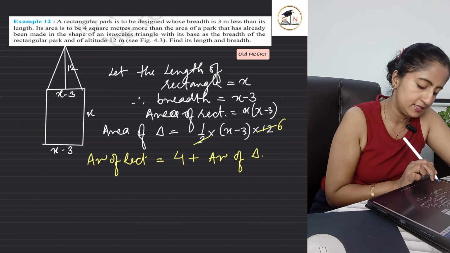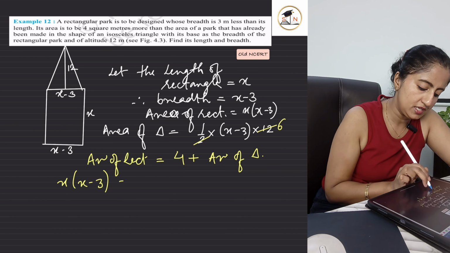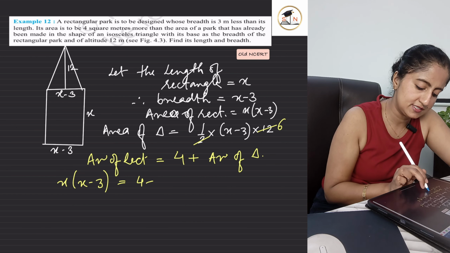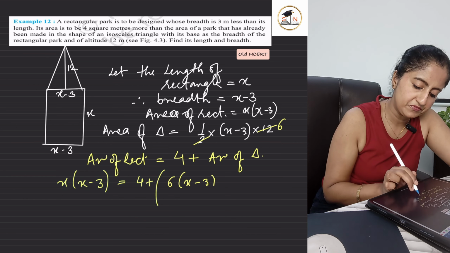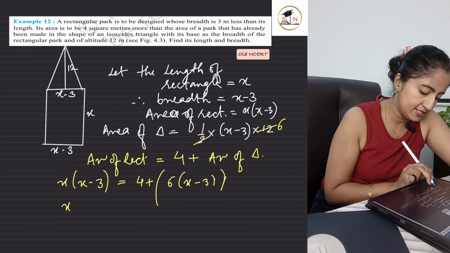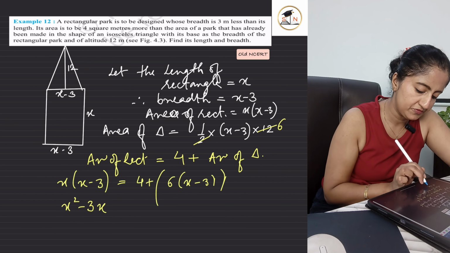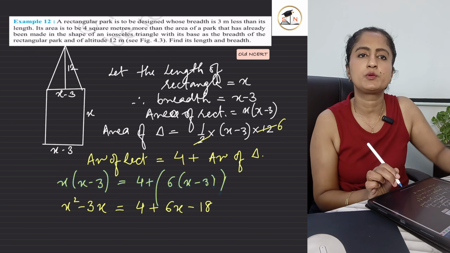Area of rectangle, that was x into x minus 3, equals 4 plus area of triangle. I'll put a bracket over here. It's 6 into x minus 3, right? So what do we get? We have x square minus 3x on the left equals 4 plus 6x minus 18. This is what we are getting.